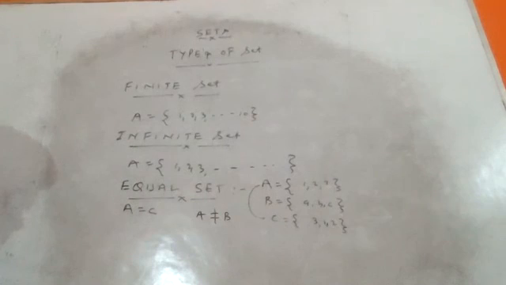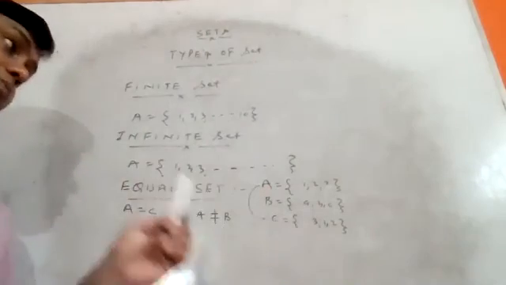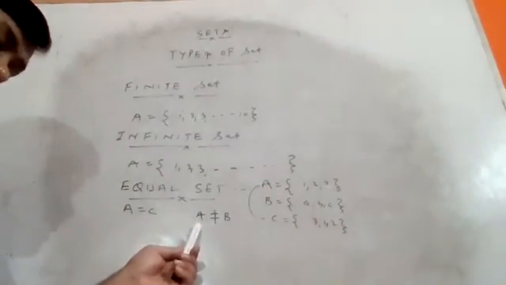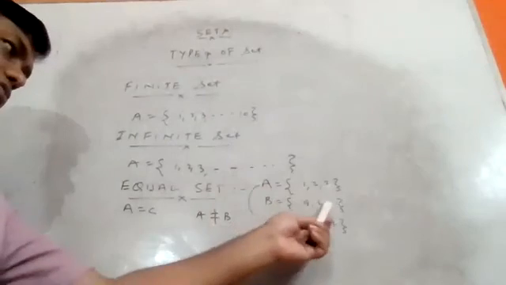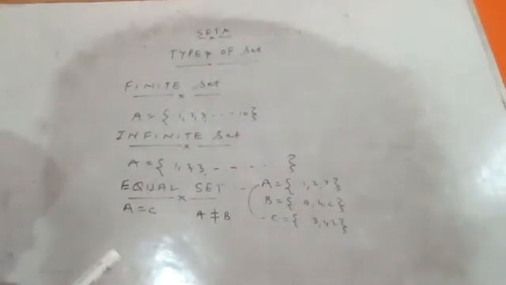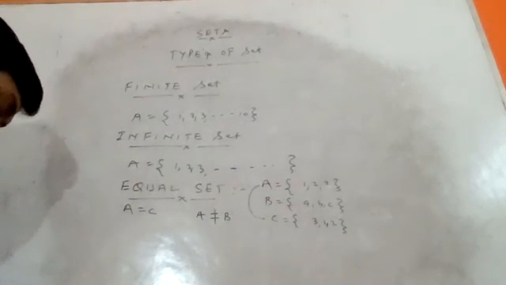So this is the difference between equal set and equivalent set. Equal sets have exactly the same elements, and for equivalent sets, the frequency must be the same. Here there are three elements, here also three elements, whatever their numerals or alphabets. Clear? So this is your equal set and this is your equivalent set.